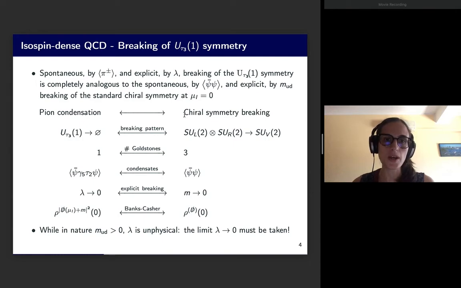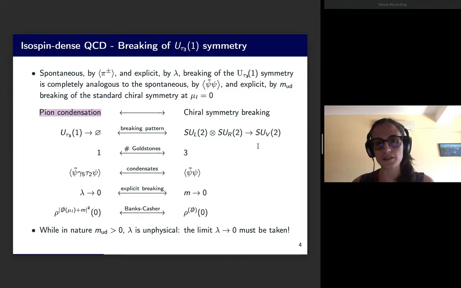On one side, you have the chiral symmetry breaking at low temperature in QCD at zero density. And on the other side, you have pion condensation, which corresponds to the spontaneous breaking of the U(1) tau 3 symmetry due to the presence of a non-zero isospin chemical potential.